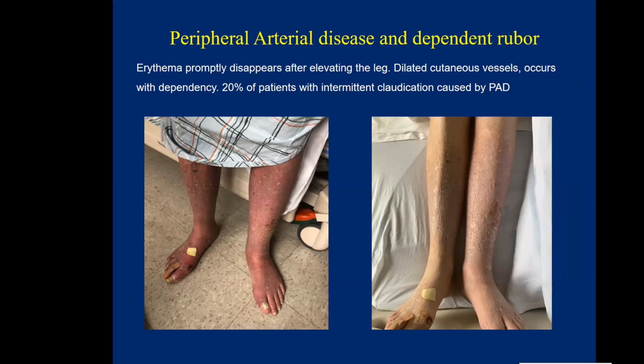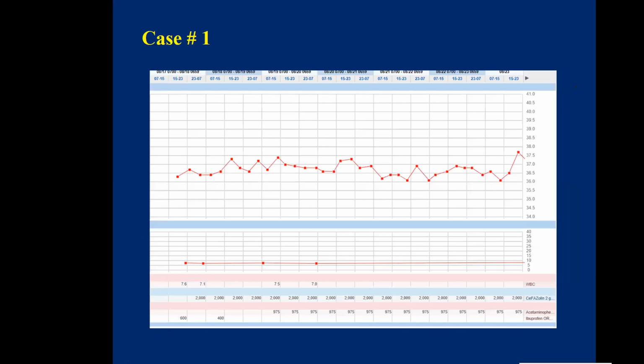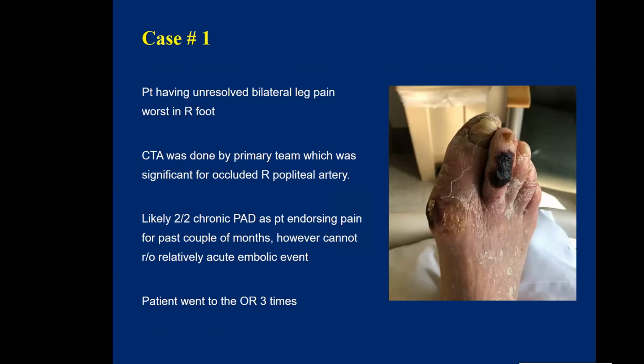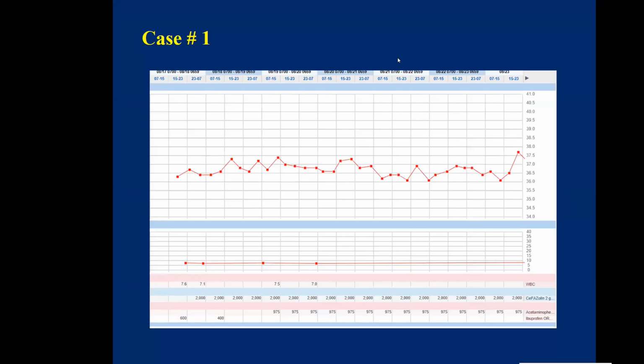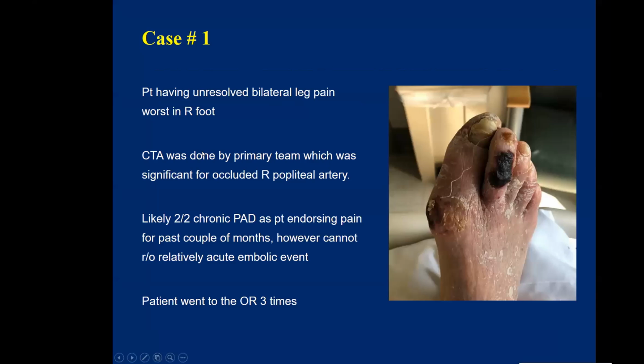This is called chronic limb-threatening ischemia. So it's like the peripheral arterial disease is so bad that your circulation is so compromised, and this is not over a matter of hours, it's over a matter of days. And over the course of the days that he was admitted, there was no change in his clinical status.